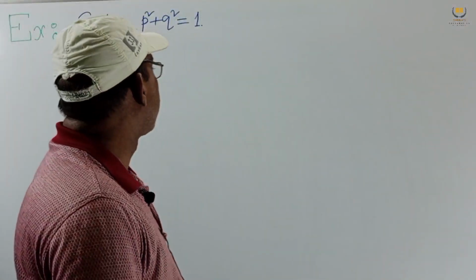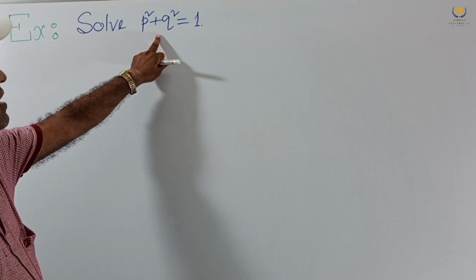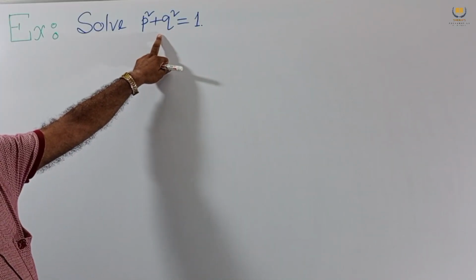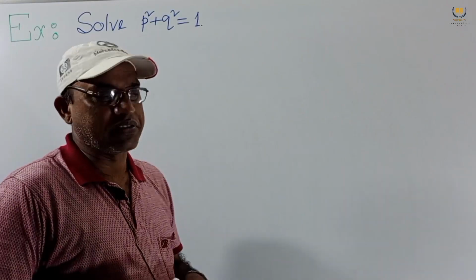Let's consider one problem. Solve p square plus q square equal to 1. The problem has only p and q, so this is a non-linear partial differential equation.